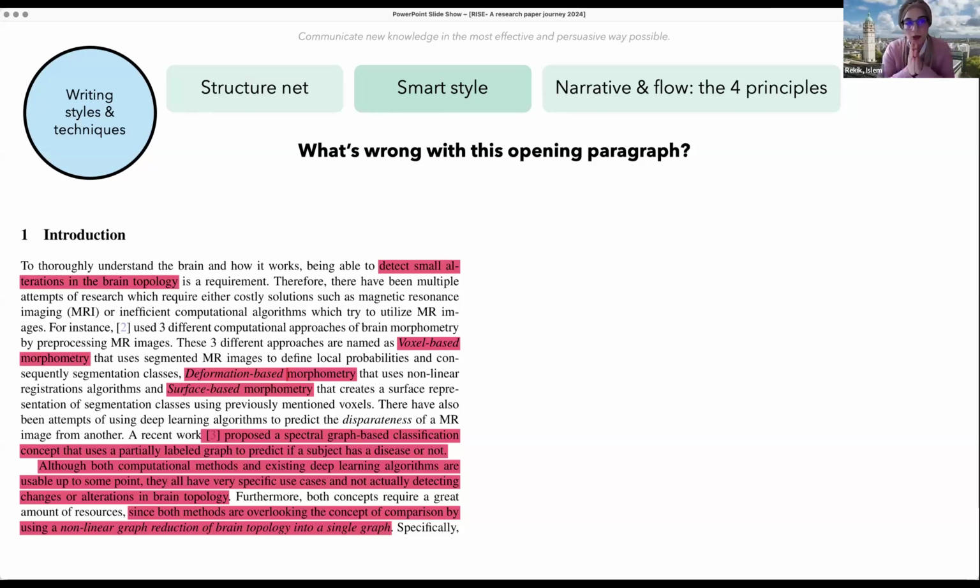And there's what we also call plug and play sentences. Oh my God, these are the worst. I hate them when I see them. Plug and play sentences are very generic sentences that you can integrate with any text, on deep learning papers or on medical imaging papers, and they're very, very generic.